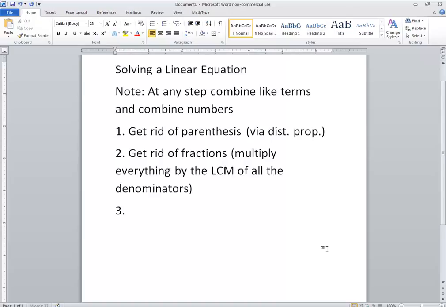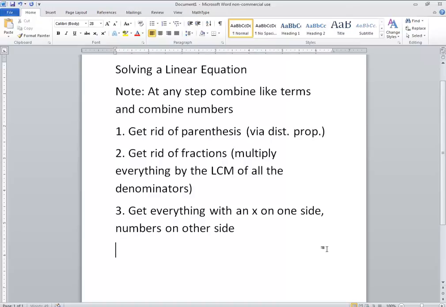Step 3. Get everything with an X on one side, numbers on the other side. Step 4. Divide both sides by the number in front of the X.